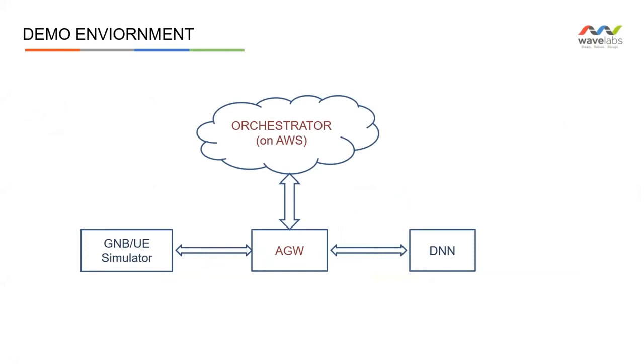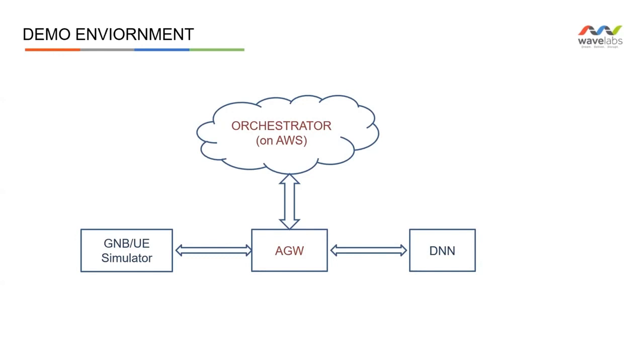Here we have the orchestrator, which is in AWS, and that is connected to the AGW where the Magma services are running. And we have a gNB and UE simulator, which is going to connect to the AGW, register, and then finally establish the PDU session and connect to the DNN for sending the traffic. So this is the layout.